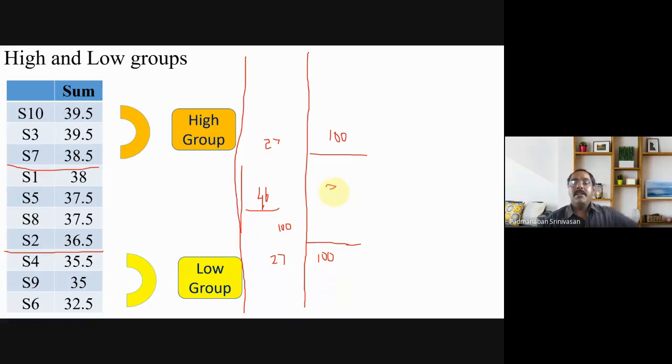It will be 373. It will be easy to calculate. If 27% is equal to 100, what will 100% be? That will be 373. You will be getting this value.